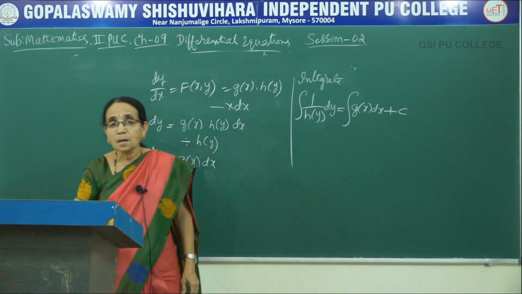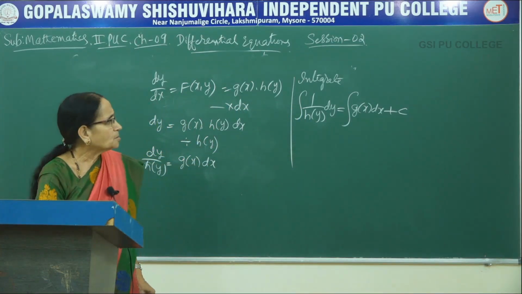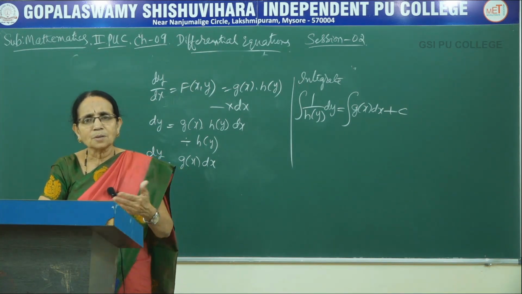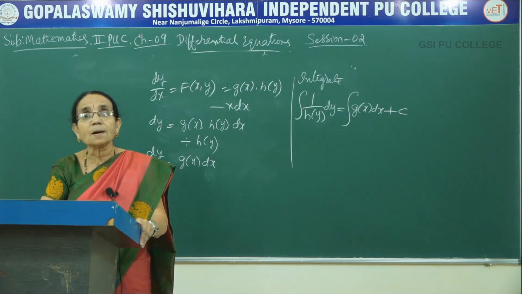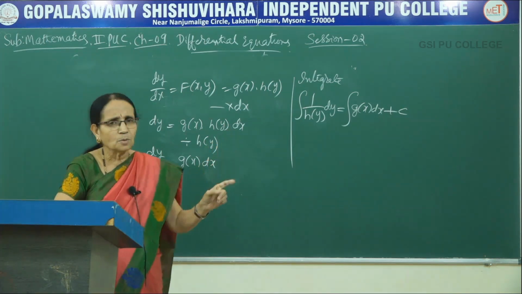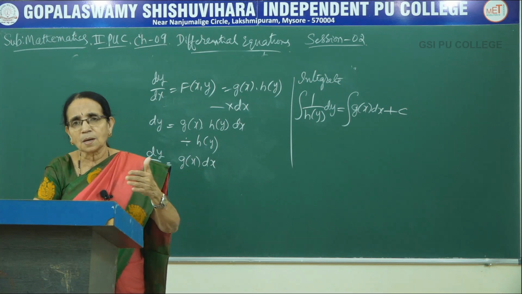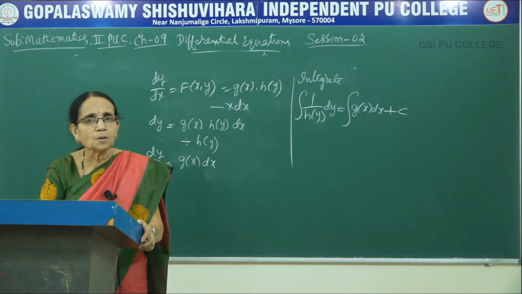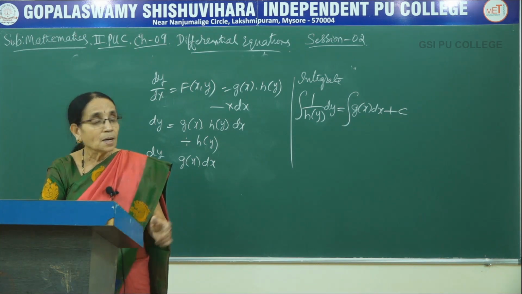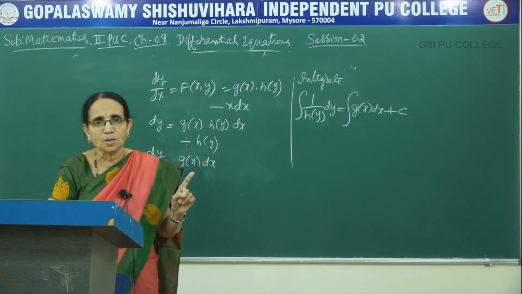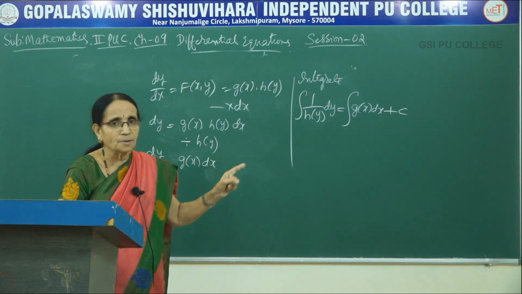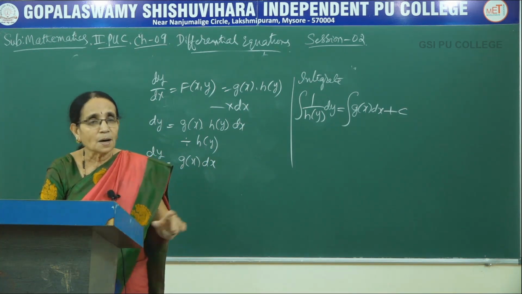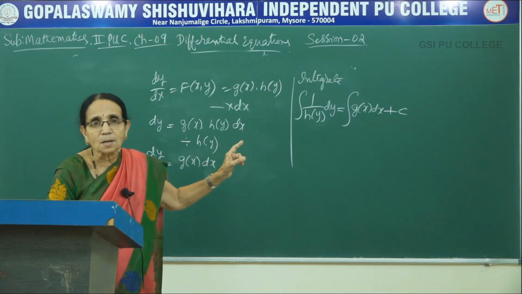One thing you always remember. Sometimes while doing the integration, some students don't write the constant. If you miss a constant in a problem on only integration, usually marks will not be cut for that. But in the case of differential equation, if you omit the constant, generally 1 mark would be cut, because if you write the C, it gives the general solution.